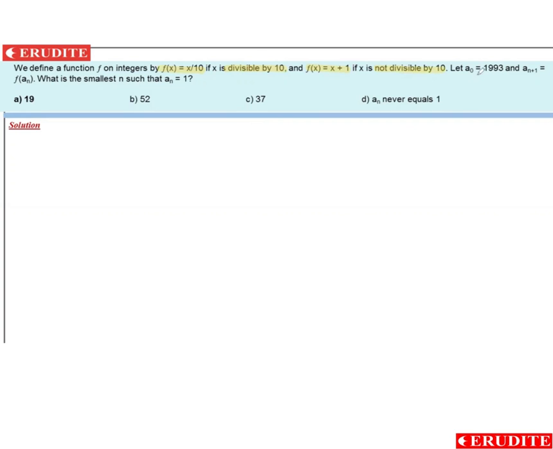Now, it is given that a0 is 1993 and a(n+1) is equal to f of an. So we have to find out the smallest value of n for which an would be equal to 1.